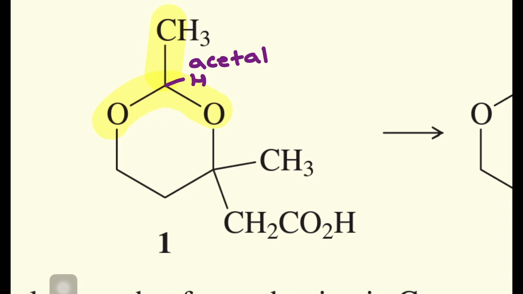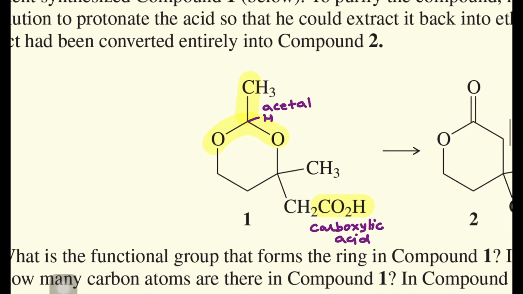So this is acetal functional group. One more functional group we have is this one, COOH, that is carboxylic acid. So these are the functional groups that are present in compound 1.